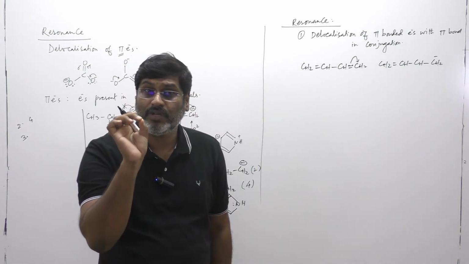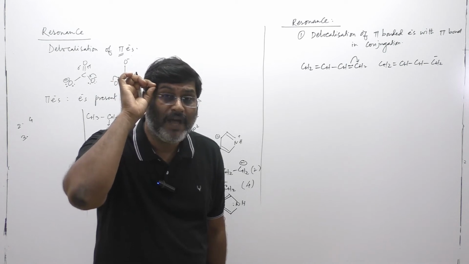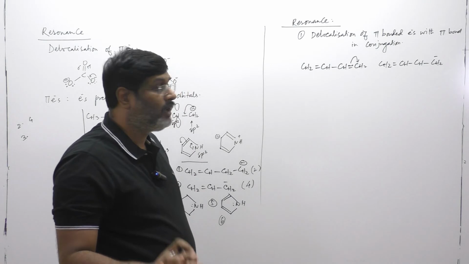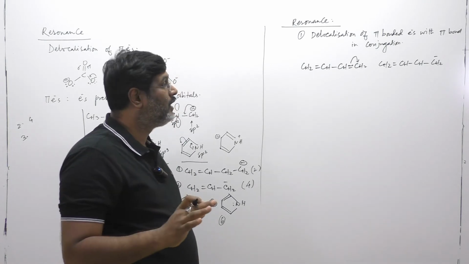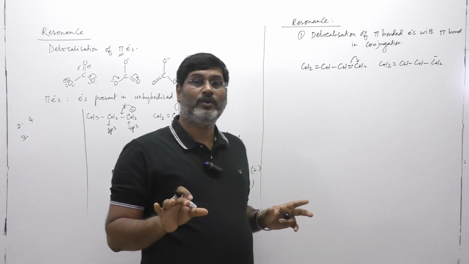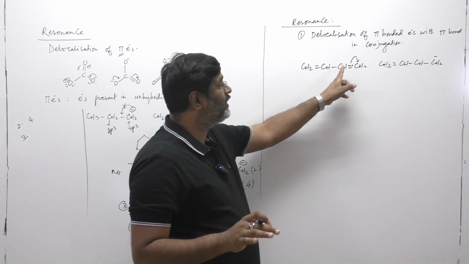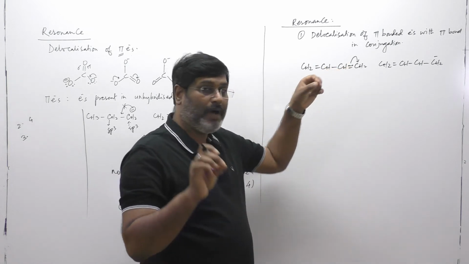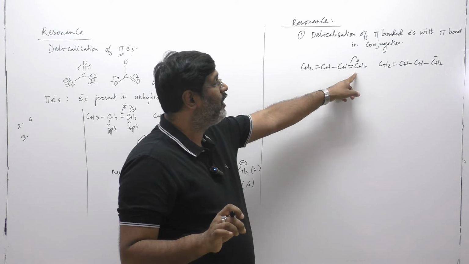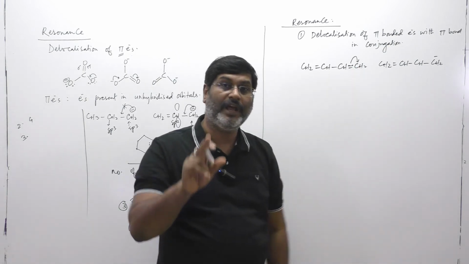Understand, I am going to discuss even minute detail here. I need your attention. In this pi bond, two electrons are there, one from this carbon, another from this carbon atom. The pi bond breaks down and both electrons accumulate on this carbon atom. We write a negative charge.